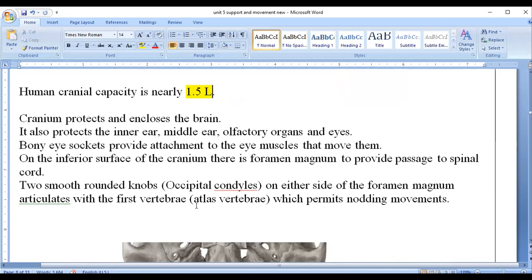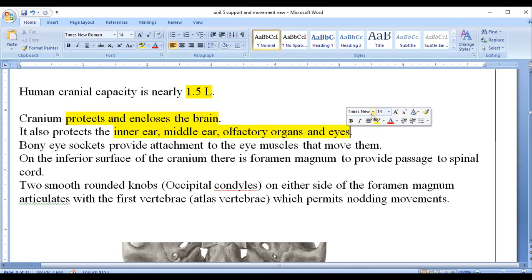The main work the cranium does is it protects and encloses the brain. At the same time, these are also protected by the cranium: the inner ear and middle ear, which are protected by the temporal bone, and the olfactory organ.